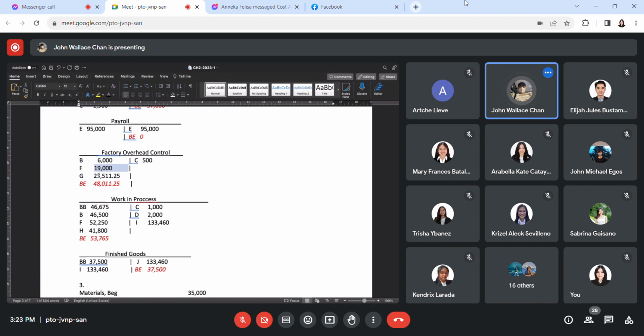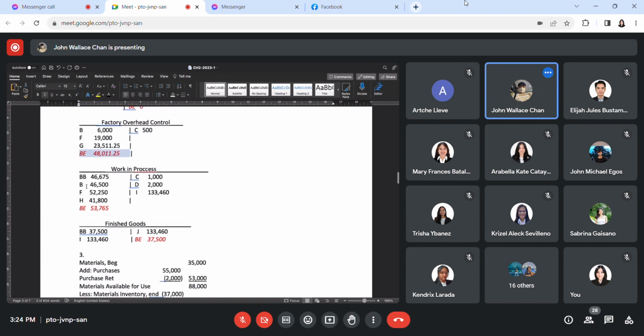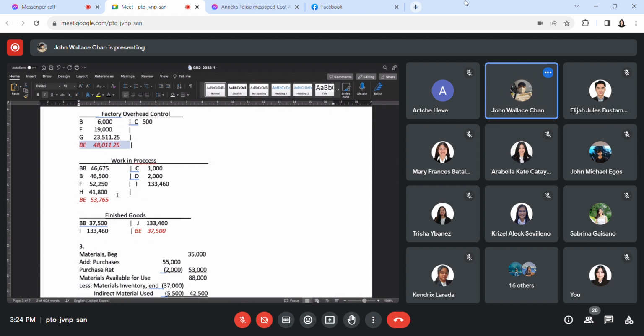For letter G, we also debited 23,511.25 since it's also part of like your factory overhead control. And then we just credited 500 since we returned some of the materials. We returned indirect materials, giving us a balance ending of 48,011.25.